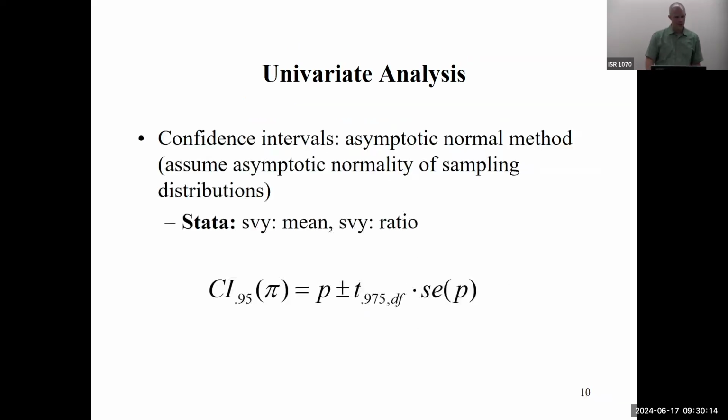Okay, confidence intervals. For single variables, this is the method that we've been talking about so far in the class. We have the weighted estimate of the proportion plus or minus the critical t-value times the standard error of that estimated proportion. That's the standard, what we call Wald-type or asymptotic normal confidence interval. And this is the default approach used by svy mean and svy ratio within Stata. So those particular commands within Stata will use that default symmetric confidence interval approach for proportions specifically.